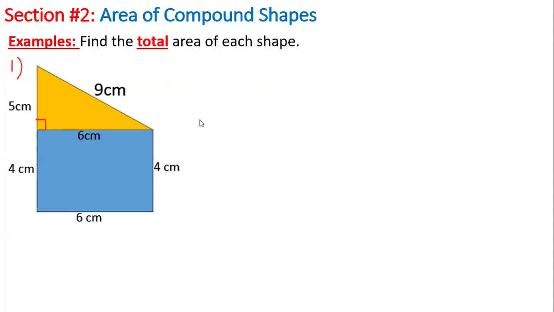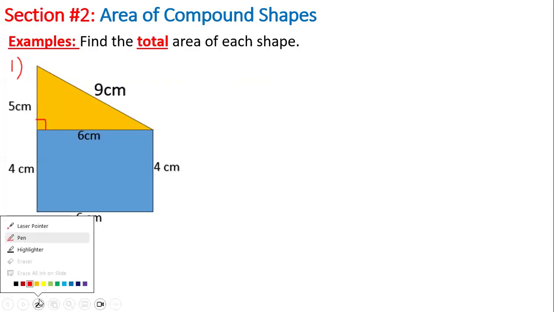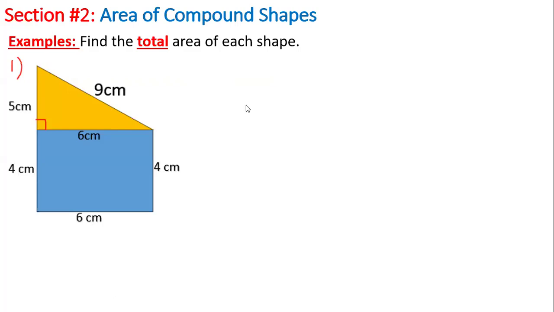So first, the first thing I'm gonna do, I'm gonna figure out, hey, what is the area of the triangle? So let's go ahead and do that. So area of triangle is going to be equal to what?